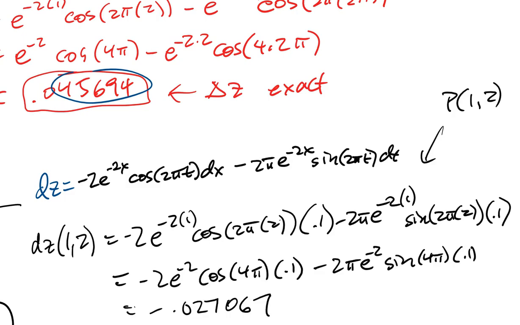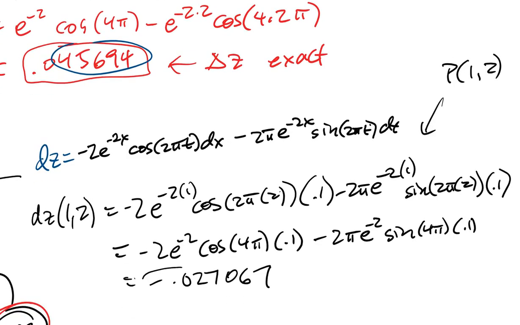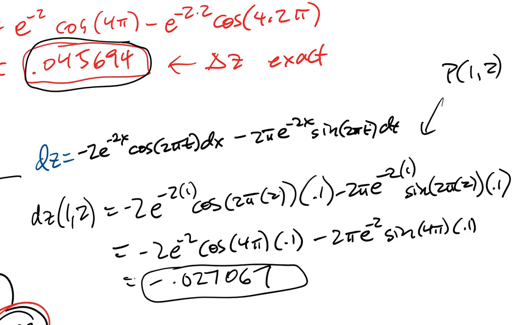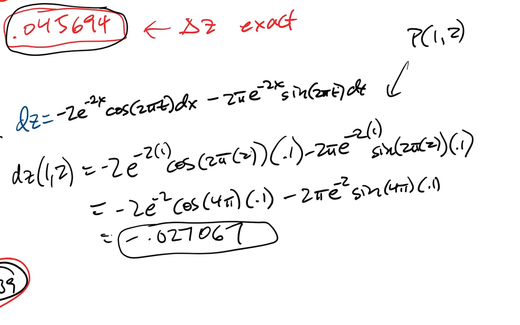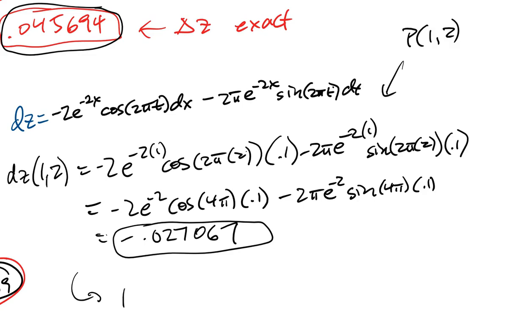I'm going to clean this up and see what I get. Okay, so what I got was negative 0.02767. And before, I got this 0.045694 number. So let's check the difference between those two: delta z minus dz in absolute value.